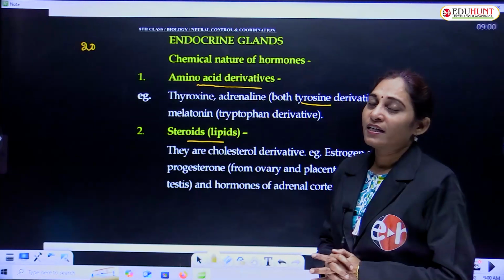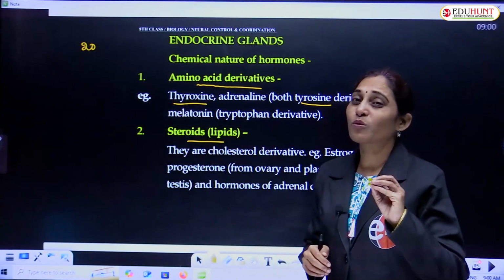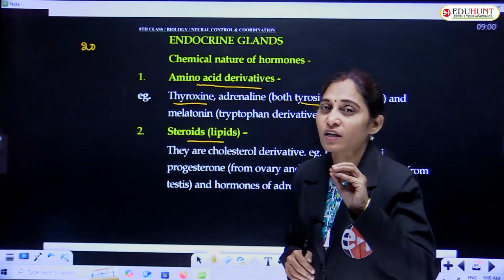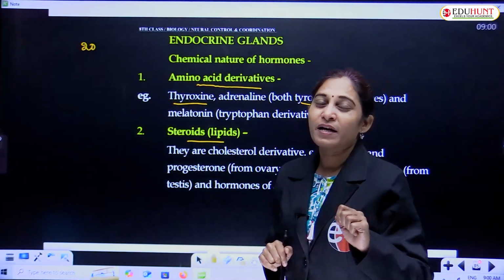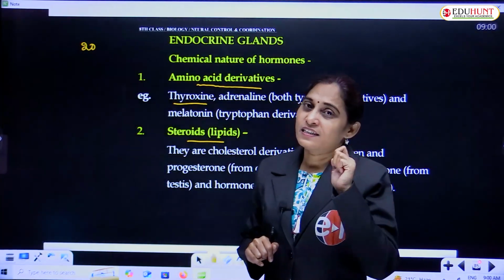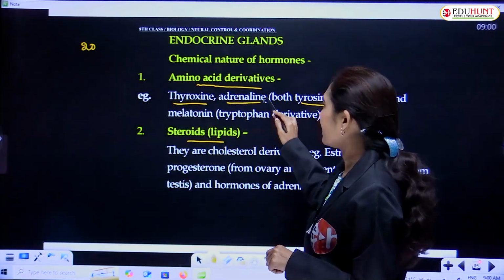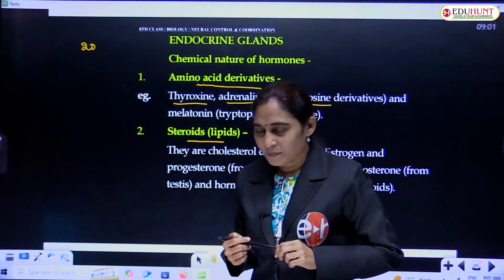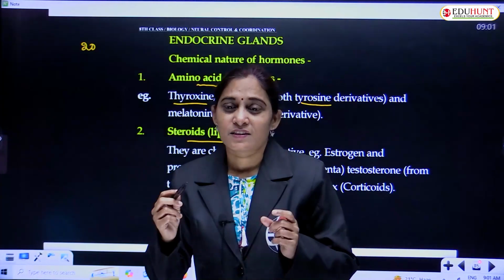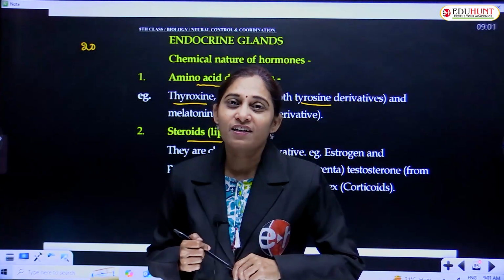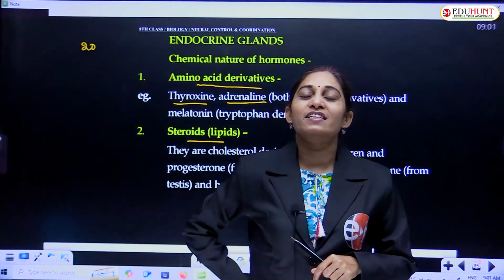Tyrosine derives thyroxine. The main composition of the hormone thyroxine is tyrosine. The amino acid tyrosine gives rise to thyroxine. Even adrenaline is a hormone secreted by adrenal glands. Adrenal glands are present just above the kidneys.